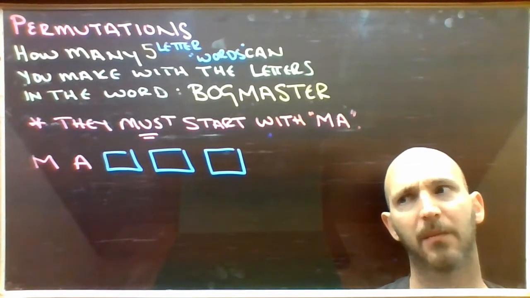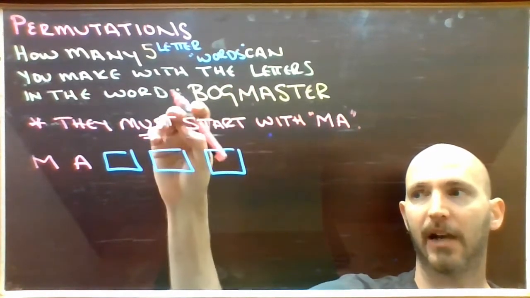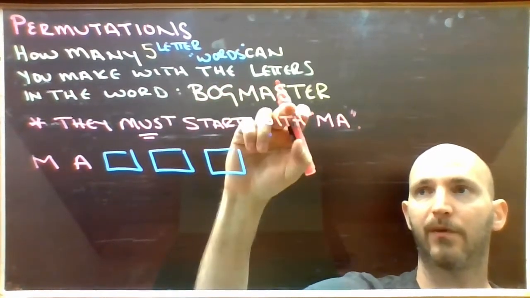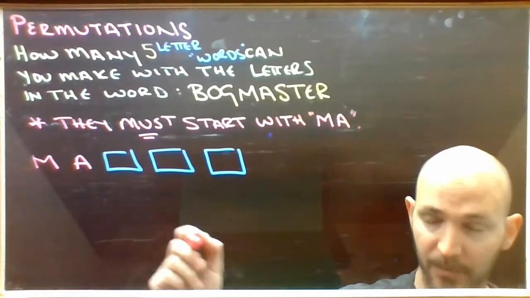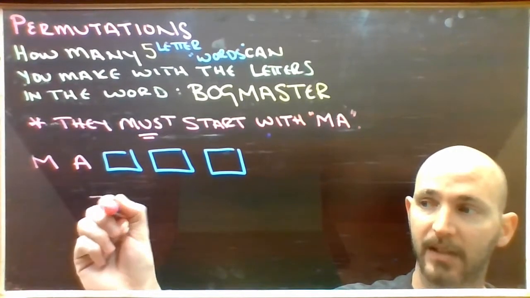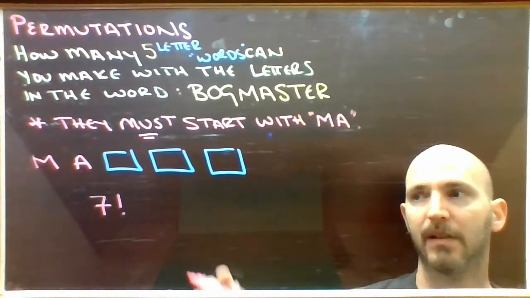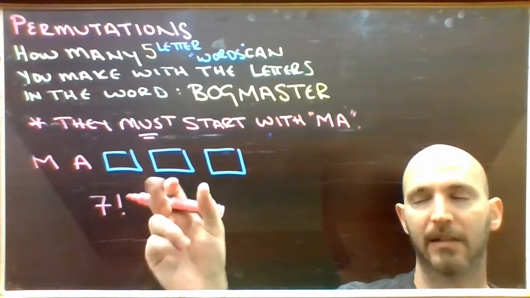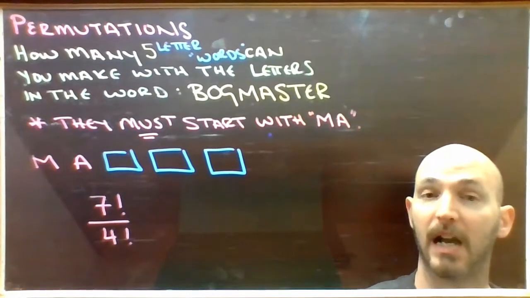So if I think about that, once I take the M and the A out of here, I have 1, 2, 3, 4, 5, 6, 7 choices left. So I'm going to end up shuffling those 7 letters. But out of the 7, I'm only using 3, which means I'm leaving 4 of those letters behind.